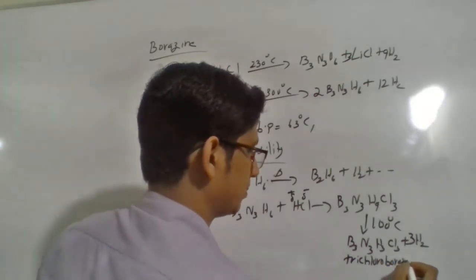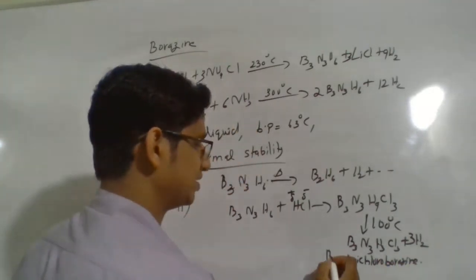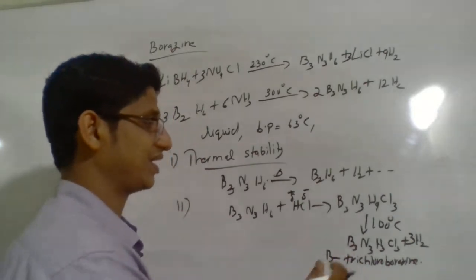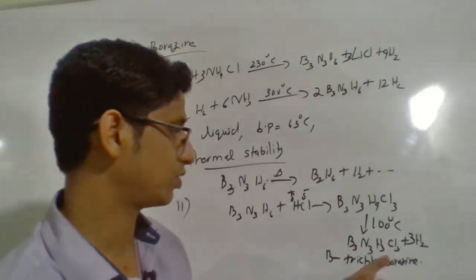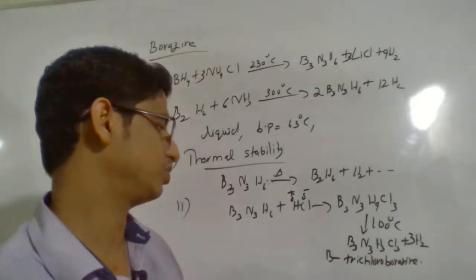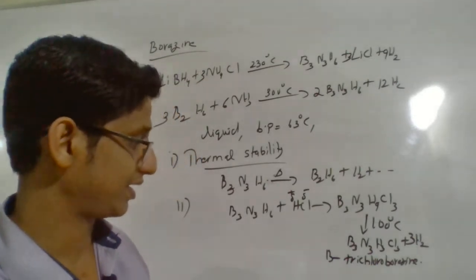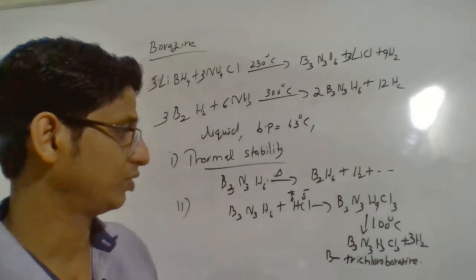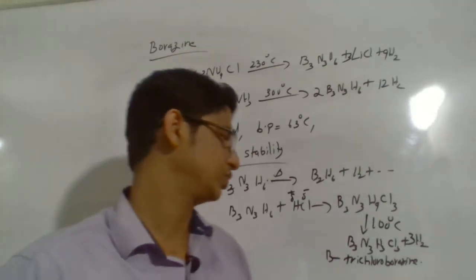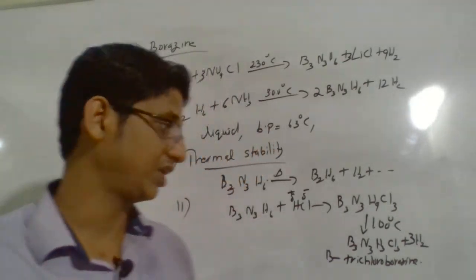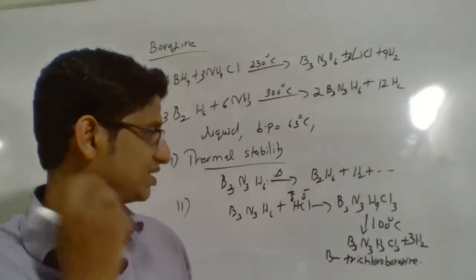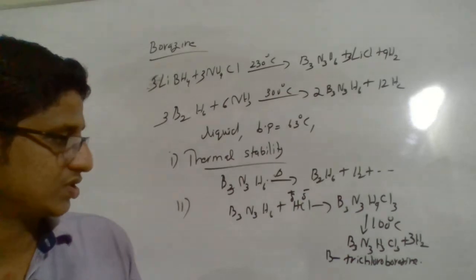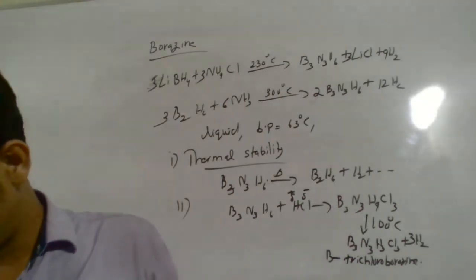Remember the chlorine is attached to the boron. So that is the structure that forms when this compound is heated strongly: trichloroborazine.